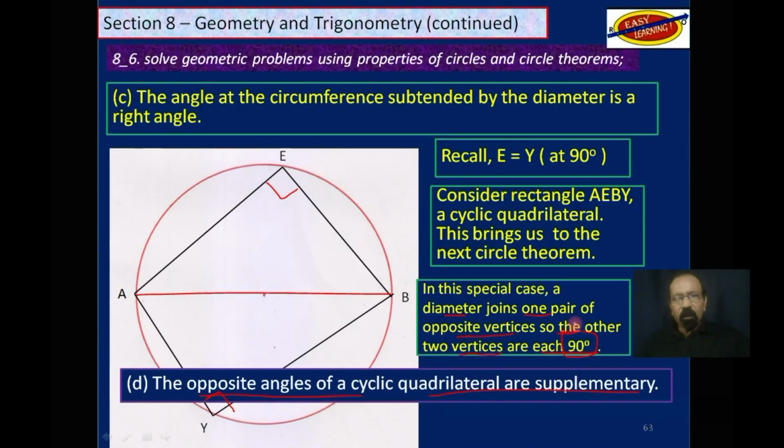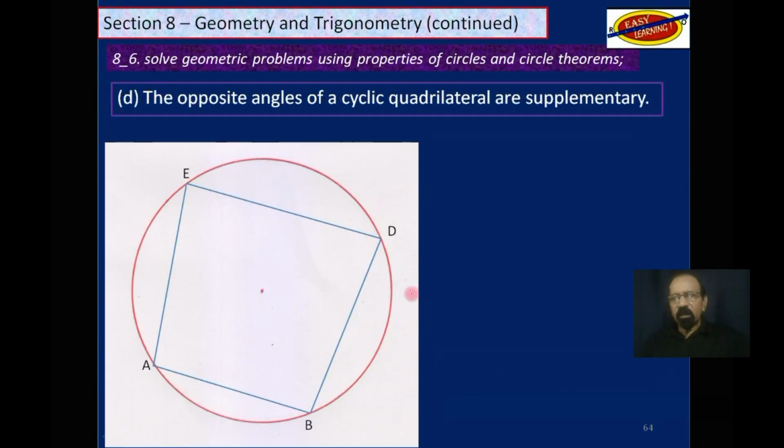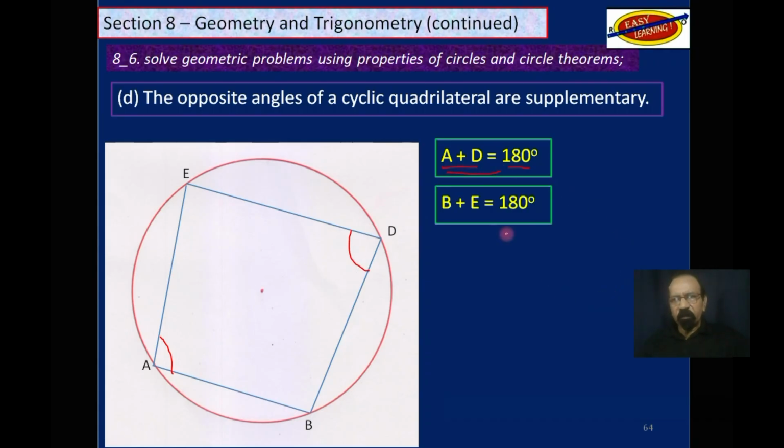It is still supplementary. So let's consider that quadrilateral ABCD. A plus D is equal to 180 degrees. This angle here plus that angle, they are opposite angles of a cyclic quadrilateral. They are supplementary. And B plus E, that one up there and this one down here, they are opposite angles in a cyclic quadrilateral.